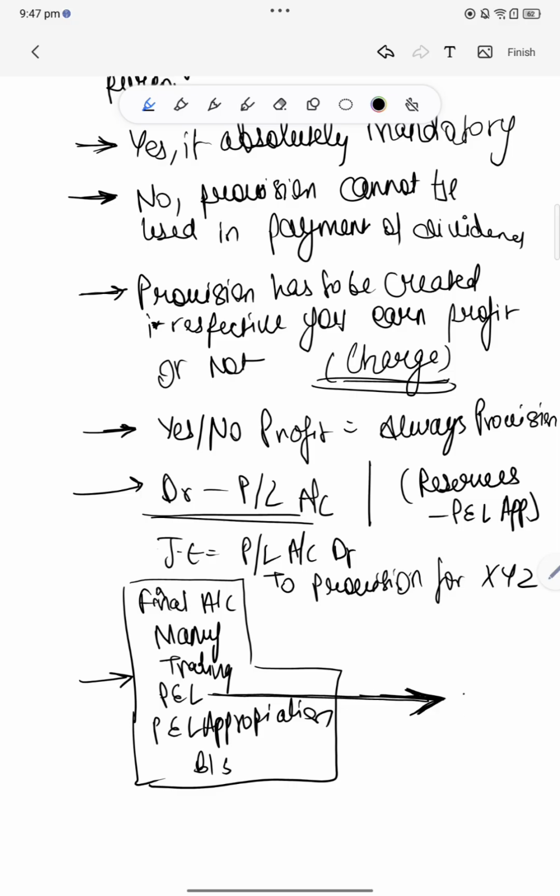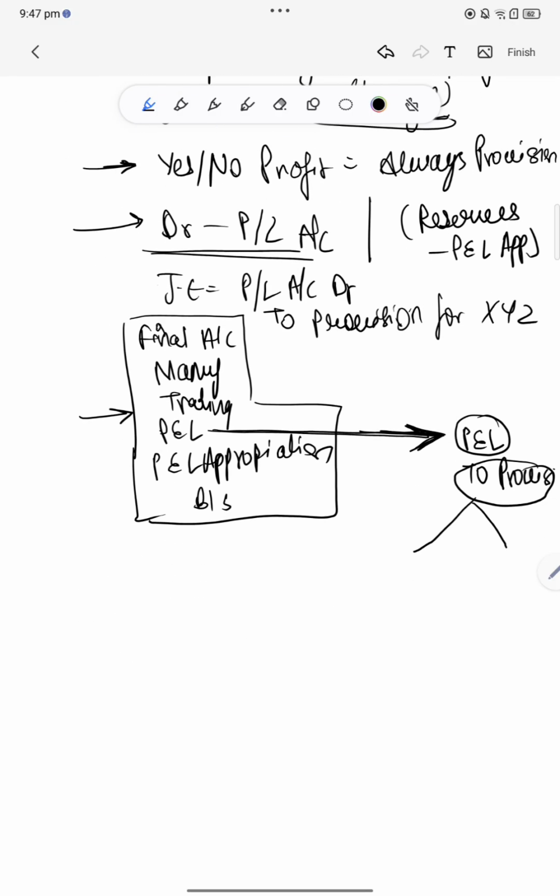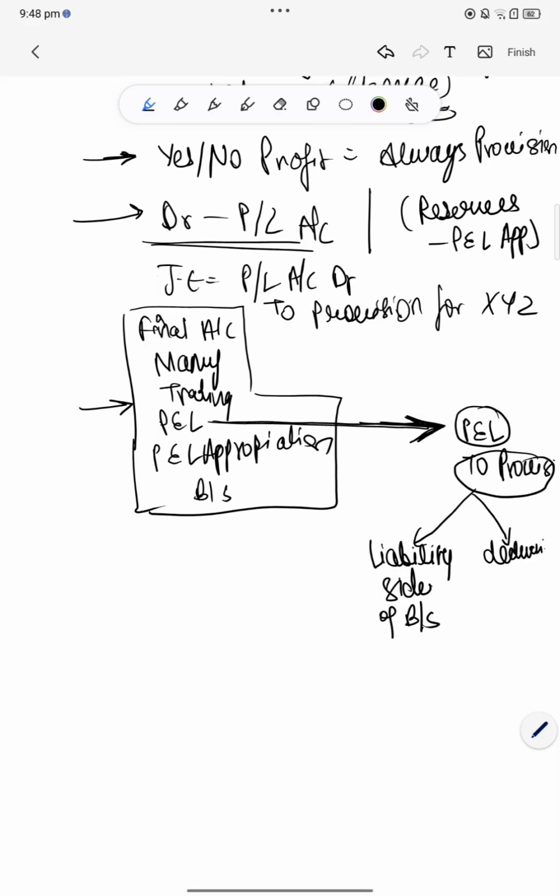And this provision is shown in two ways: either on the liability side of the balance sheet or as a deduction on the asset side of the balance sheet.